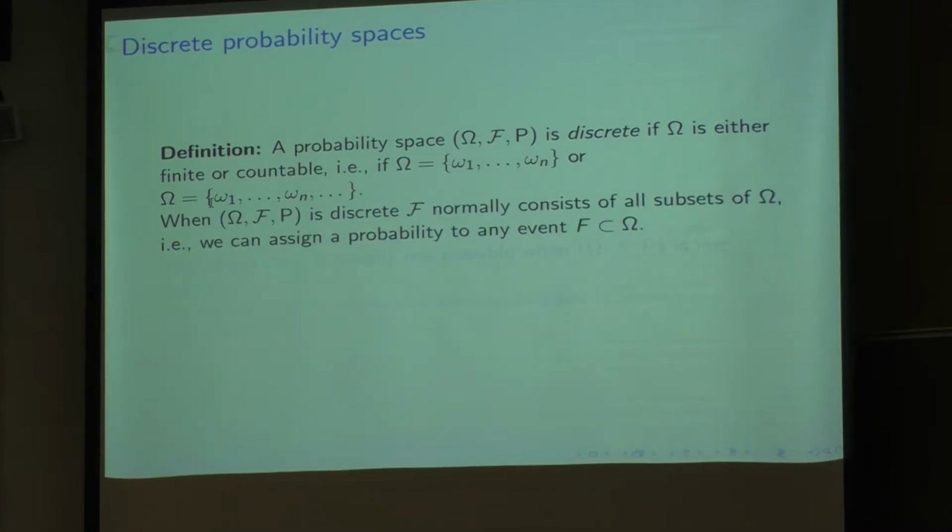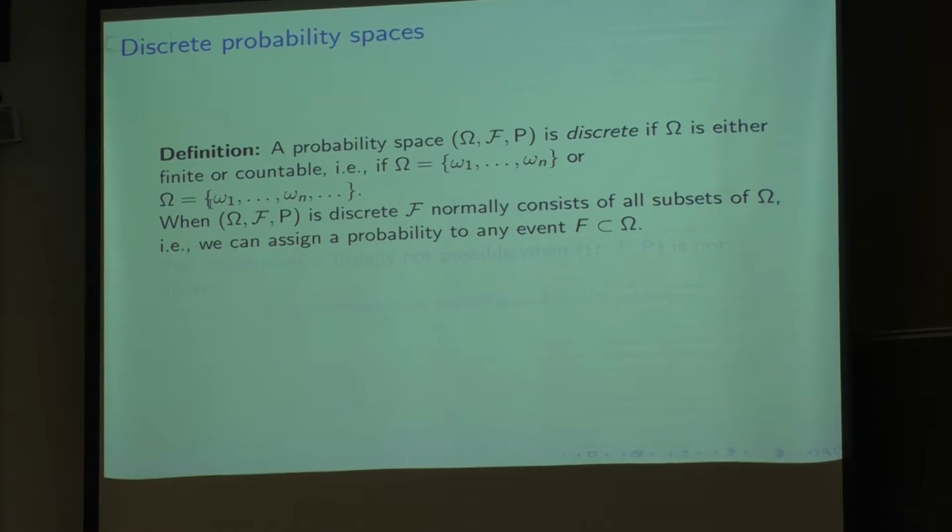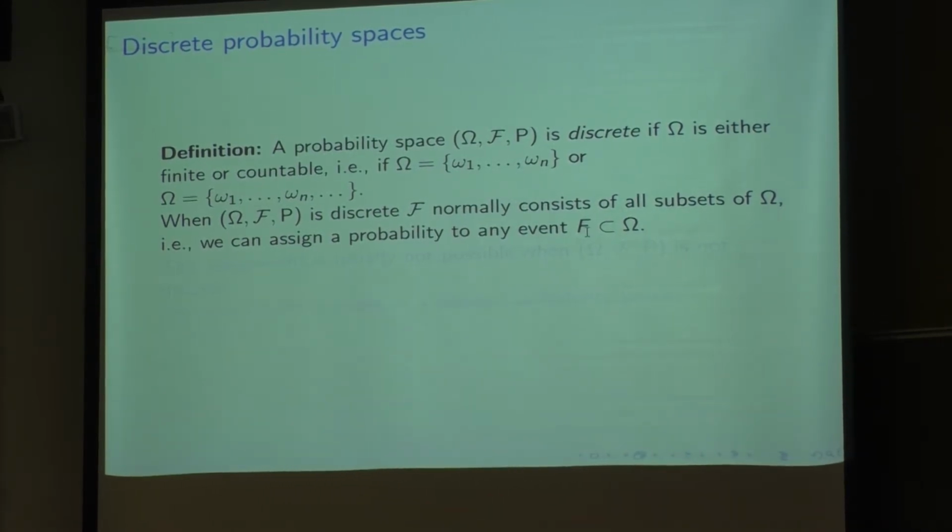And when your omega is discrete and you're asking yourself what events are going to have a probability associated with them, you normally are thinking of all the subsets of omega. So you're going to assign probability to any event which is a subset of omega.